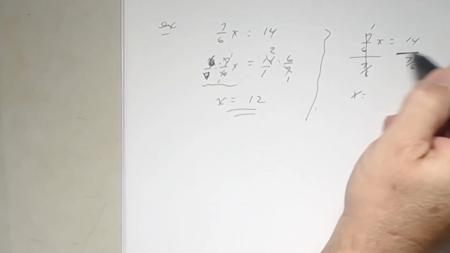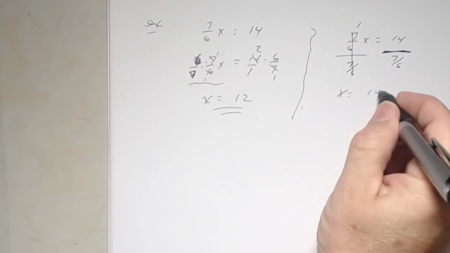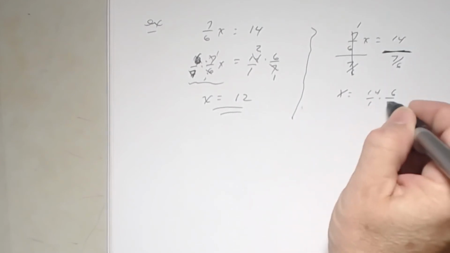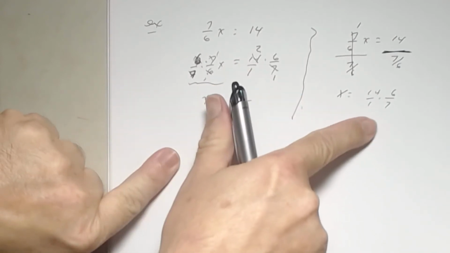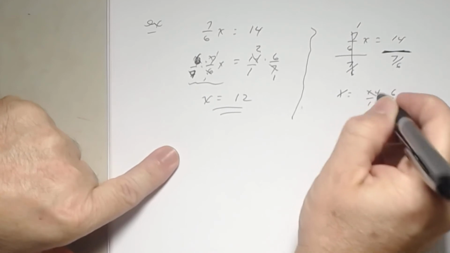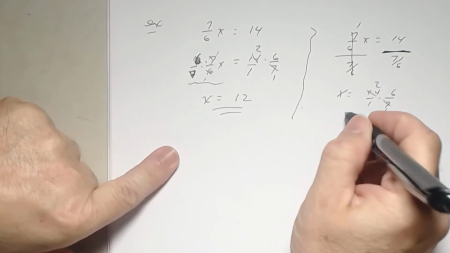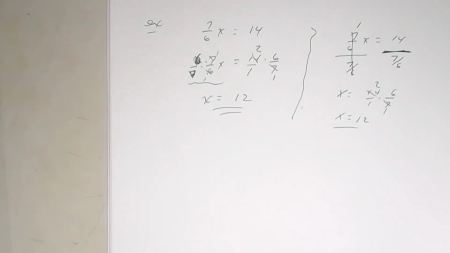How do you rewrite this division problem? 14 over 1 times what? 6 over 7. Yeah, which is what this is. See, this right here is this, right? So reduce first. 7 into 7 is 1. 7 into 14 is 2. So what's the answer? 12. Okay, so all you do.